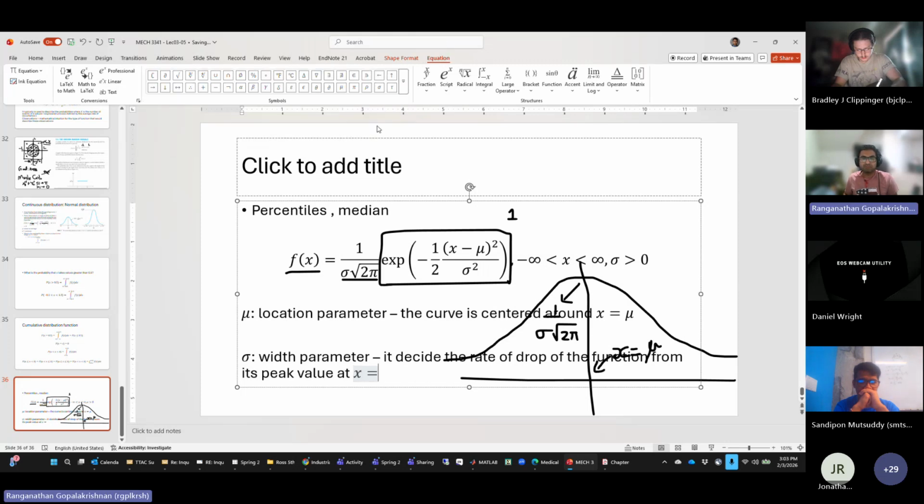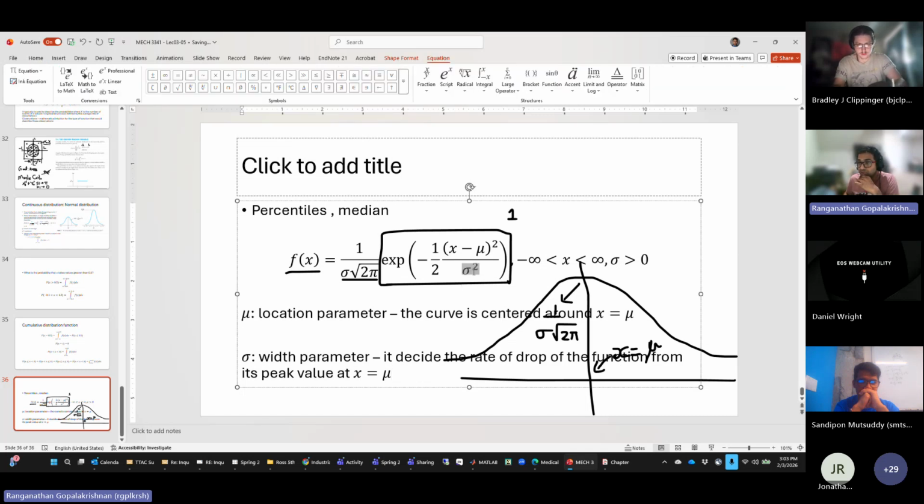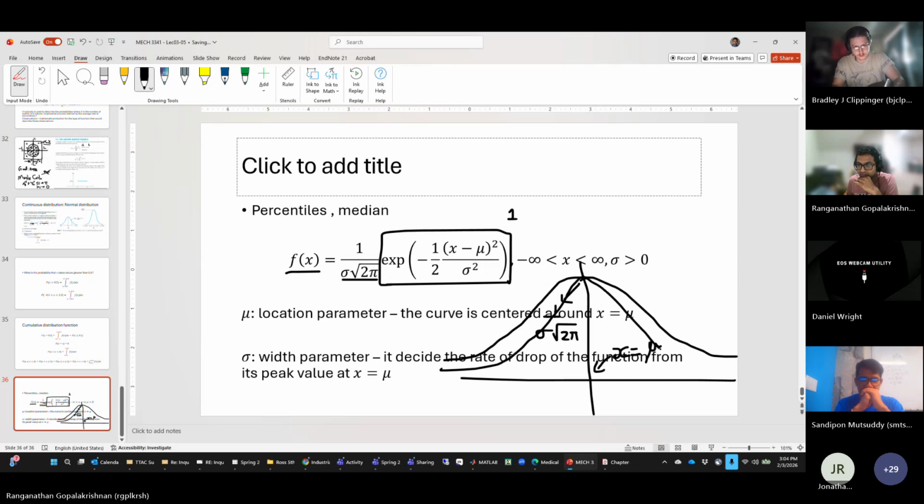Why do I say it decides the rate of drop?